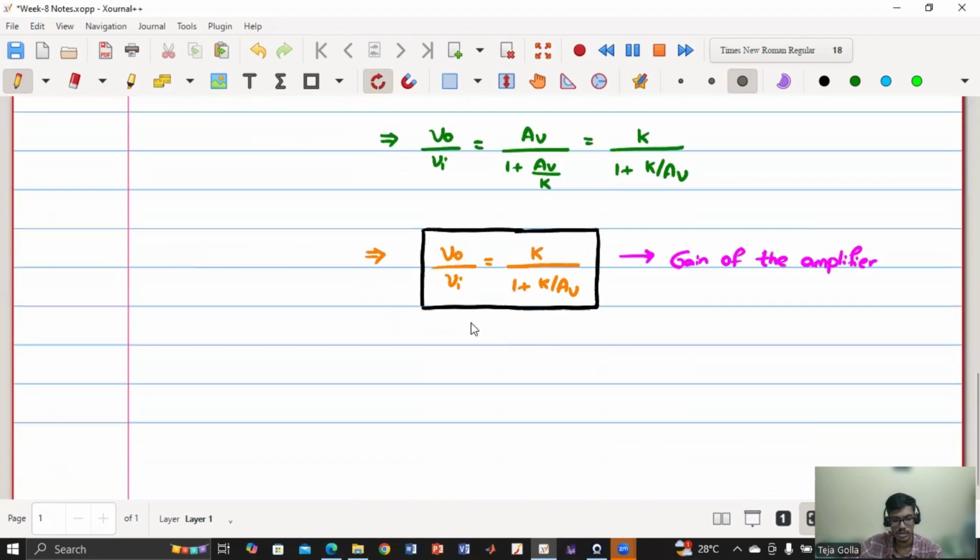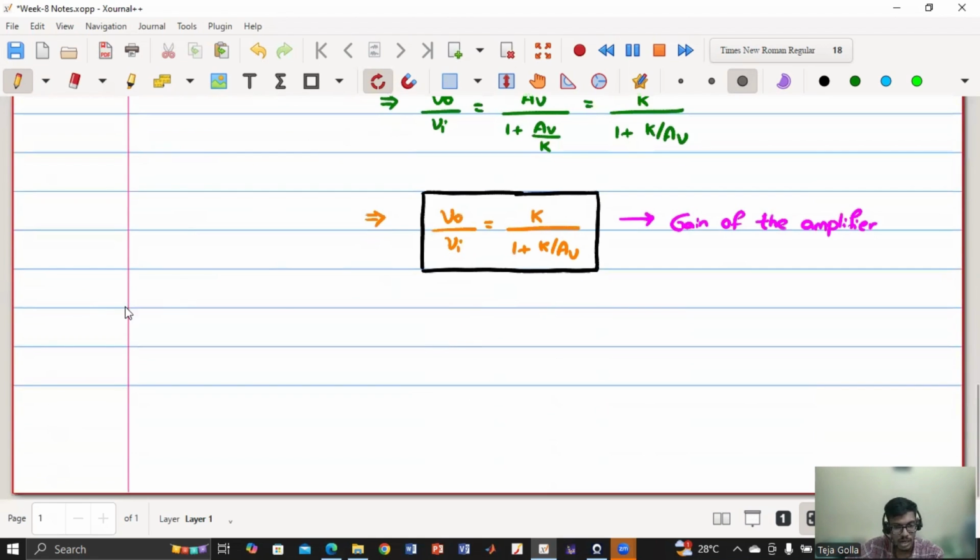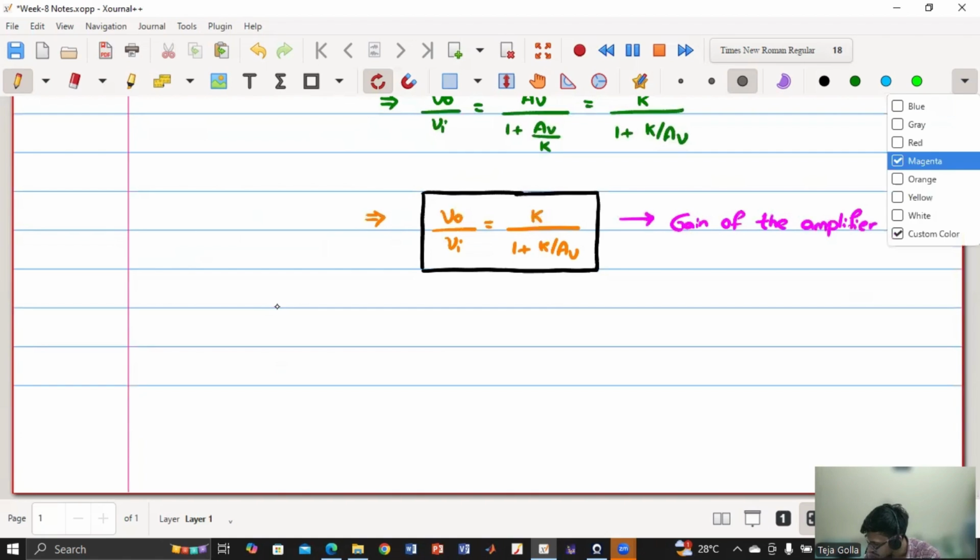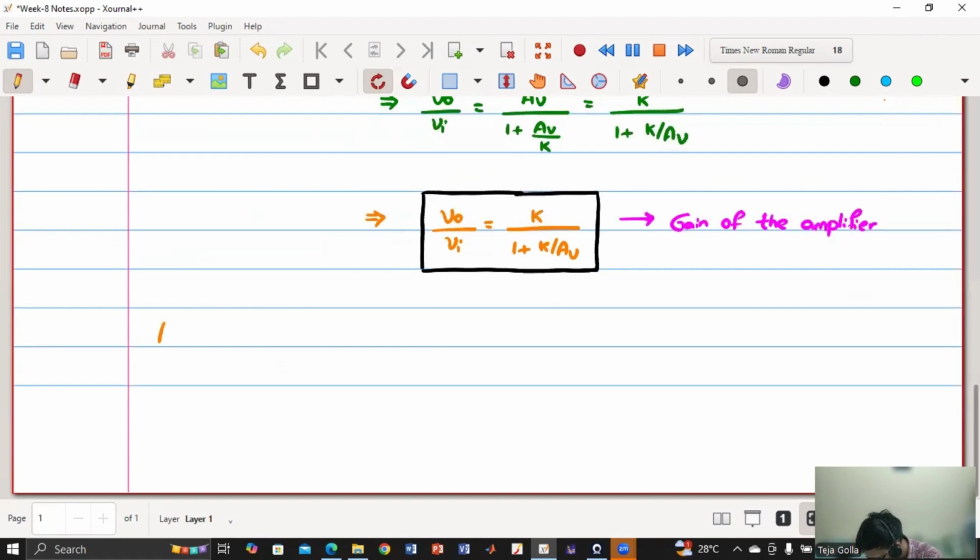Everyone? Yes, sir. Yeah. So now I'll give some knowledge about the ideal op amp. This is one important thing. If I consider an ideal op amp, what makes it ideal is simple: in an ideal op amp, the gain AV is infinite.